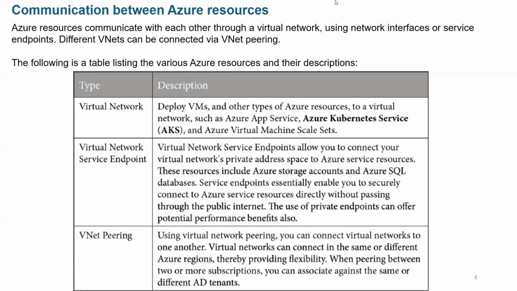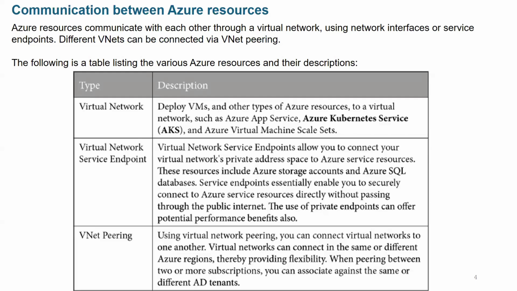Azure Virtual Network. We require Azure Virtual Network, service endpoints and VNet peering. So we can deploy VMs on an Azure Virtual Network, so that we need an Azure network. And private endpoints, we will create private endpoints to configure any SQL server or file server, so we require private endpoints.